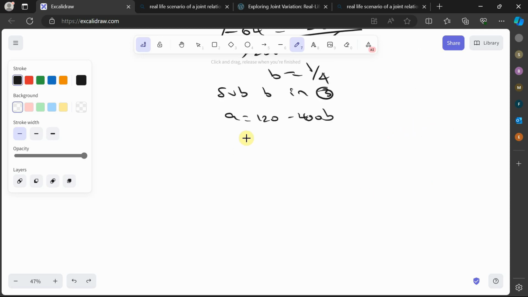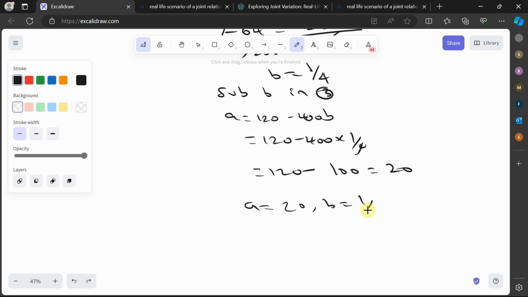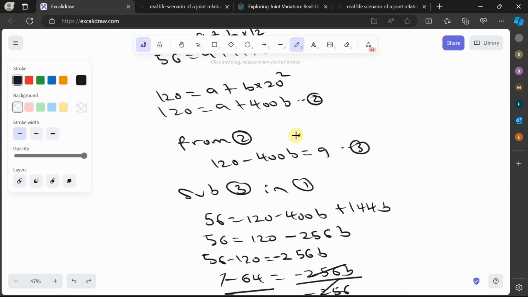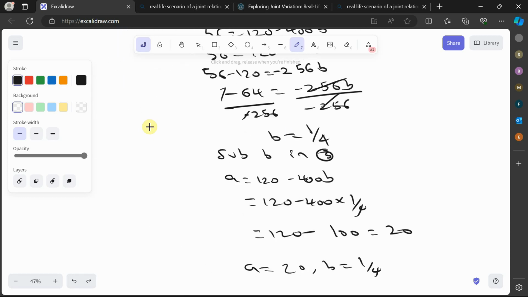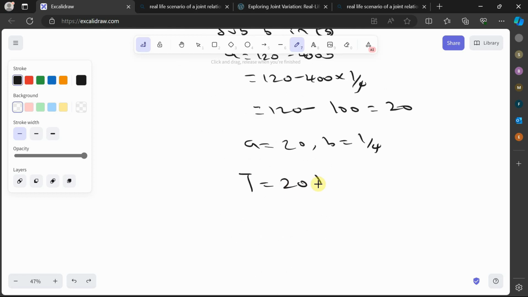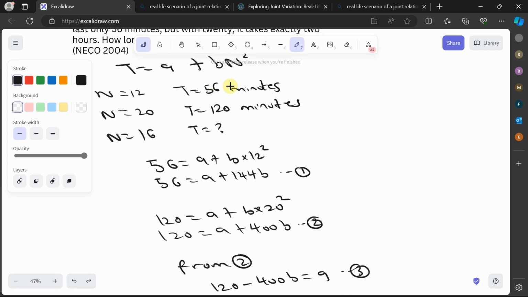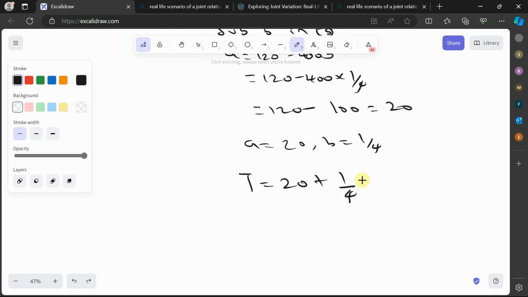So that will be 120 minus 400 times 1 over 4, and that is 120 minus 100. So this is 20. So our a is equal to 20 and our b is equal to 1 over 4. Let's substitute this into our equation. So our equation t will now be equal to 20 plus 1 over 4 n squared.